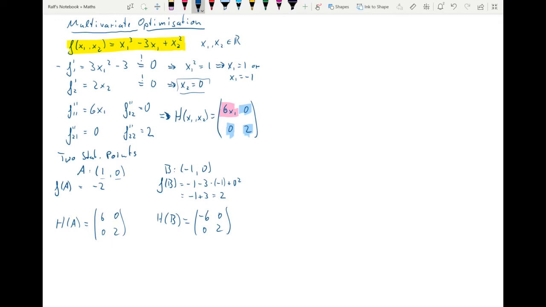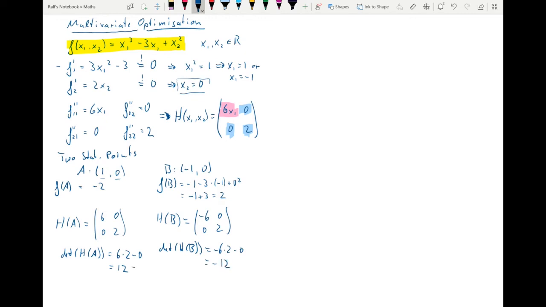The determinant of H at A is equal to 6 times 2 minus 0, so that is 12. The determinant of the Hessian at point B is equal to negative 6 times 2 minus 0, which is negative 12.